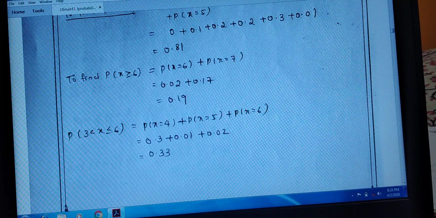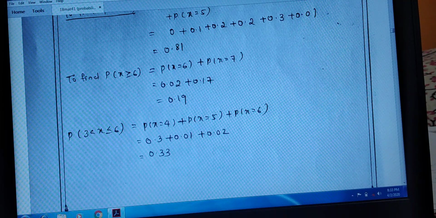6. So here you have to observe these inequalities, which is very important. Here my x varies as 3 less than x less than or equal to 6. That is, you have to take all the numbers between 3 and 6, and you should not include 3 because we don't have the equal to sign, we have only less than.